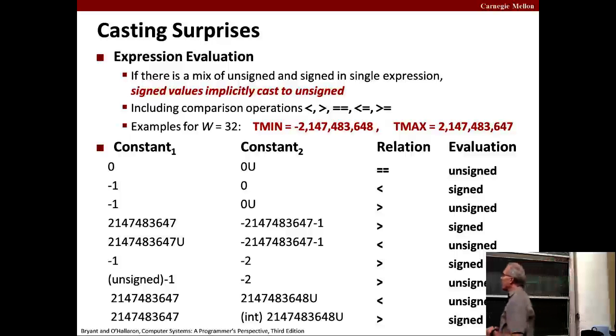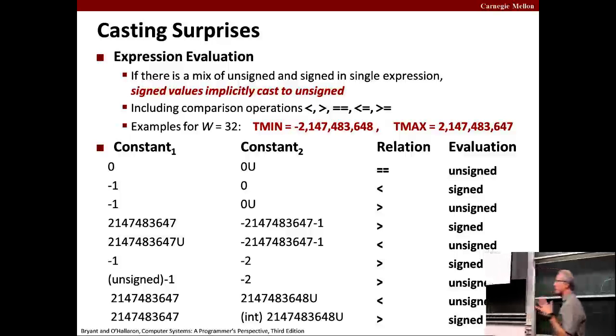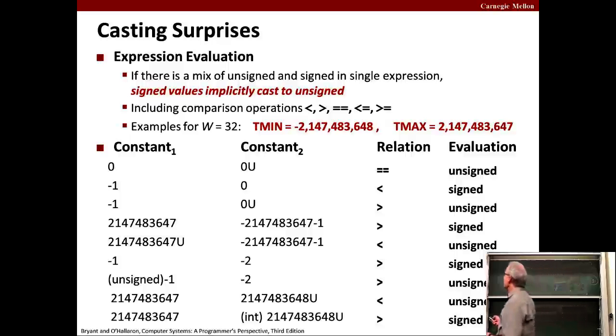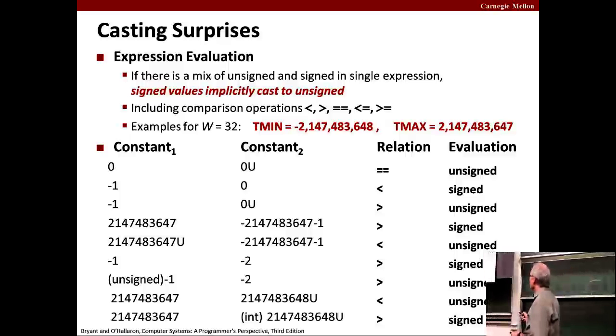And so, in particular, this set of examples is, imagine I'm comparing these. I'm saying these numbers are either equal, less, or greater. What will the outcomes be? The key to answering that question is to first figure out, is it a signed or an unsigned comparison? Should I convert one of these numbers to an unsigned form before I do it? And the rule is, if either argument is unsigned, then you have to do it.